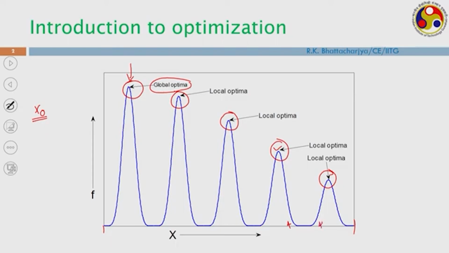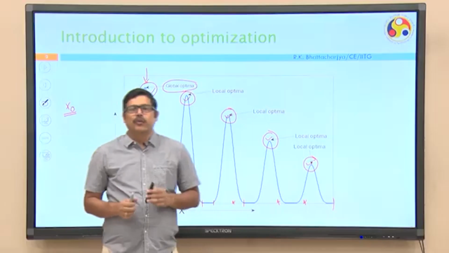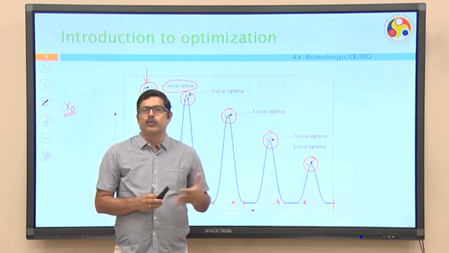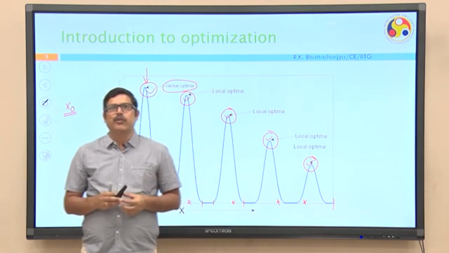If it is somewhere here, you will get this one. If it is within this region, you may get this one, and luckily, if your x naught is somewhere in between here, you get the global optimal solution of this problem. Therefore, the solution is highly related to which initial solution you have chosen.